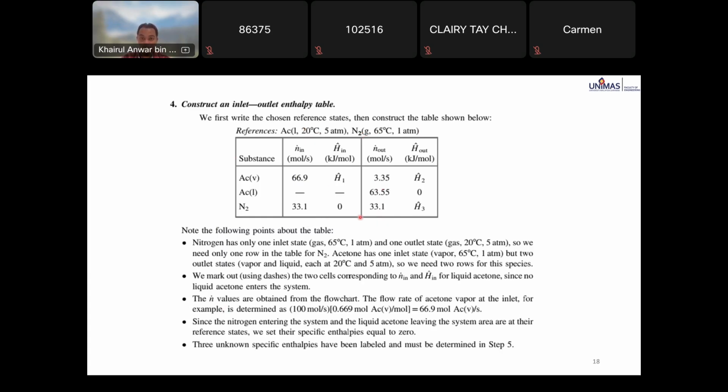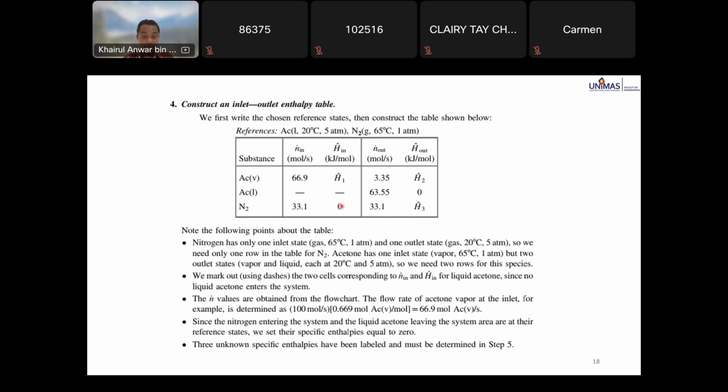So you notice a zero here, right? It's zero because of the choice of reference state. In this case, the reference state for nitrogen is the inlet.